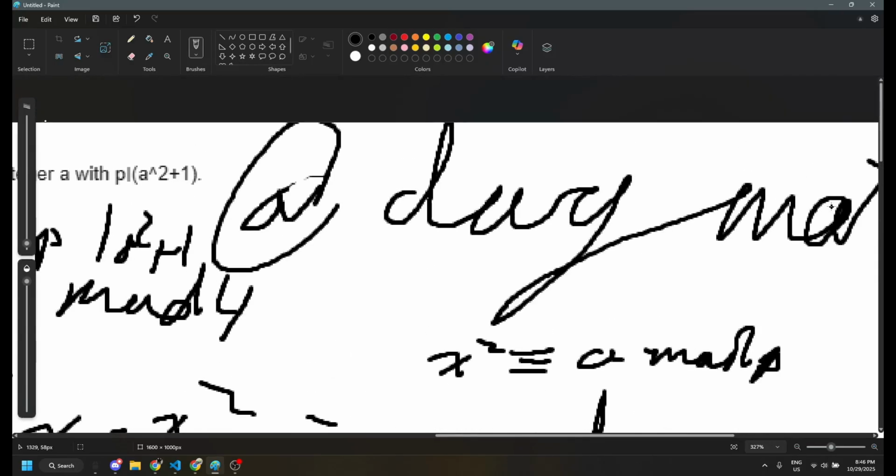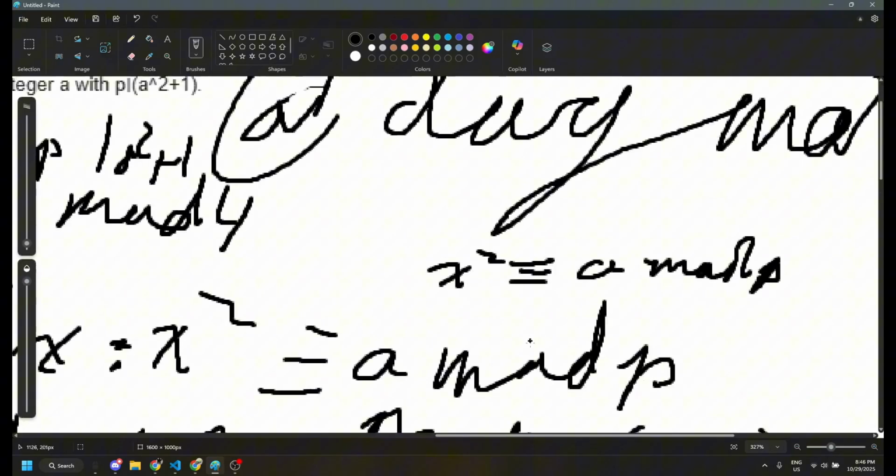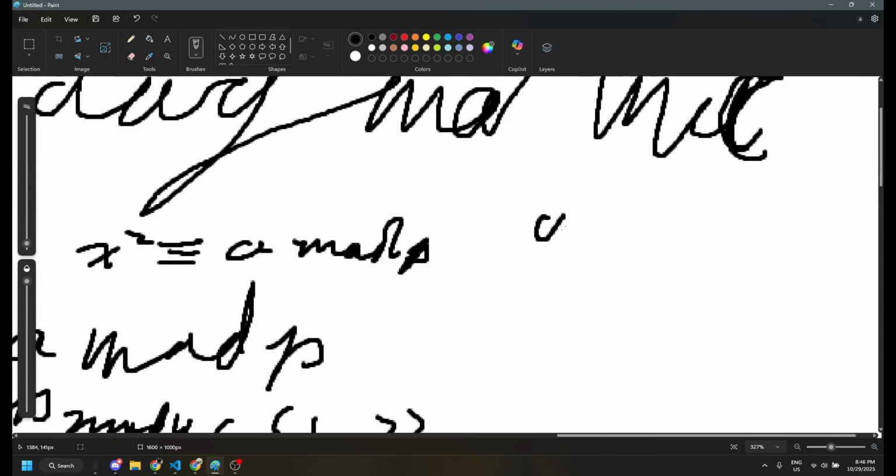And we know that a squared plus 1 mod p.